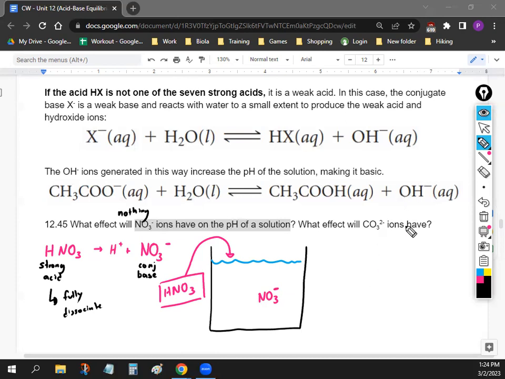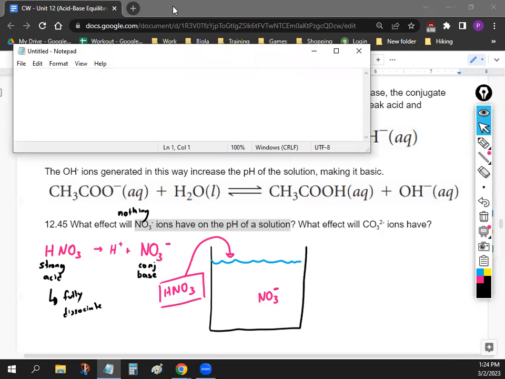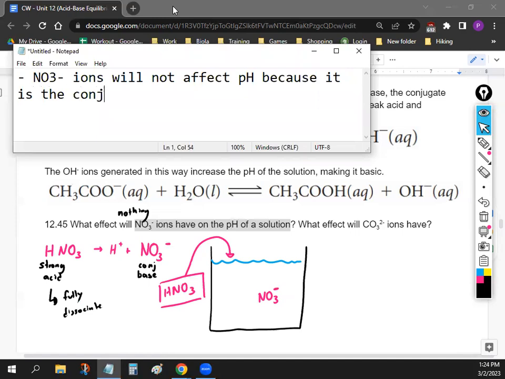Your justification, if you want to write it, is because it is the conjugate base of a strong acid. So you can write that NO3 minus ions will not affect pH because it is the conjugate base of a strong acid, which fully dissociates.